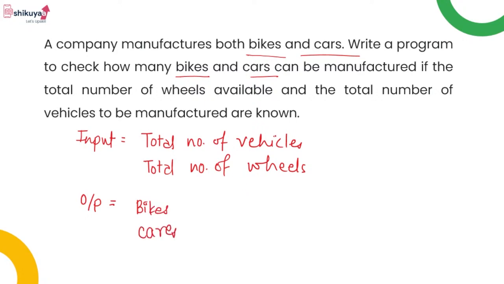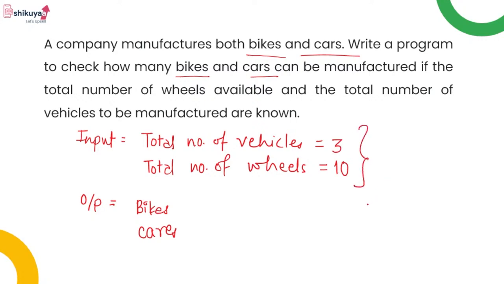For example, suppose I give the number of vehicles as 3 and the number of wheels as 10. This is the given data.